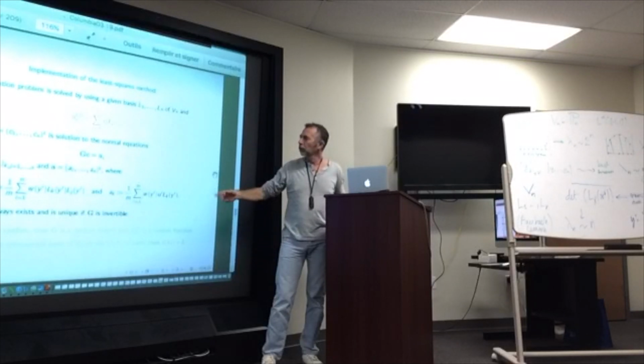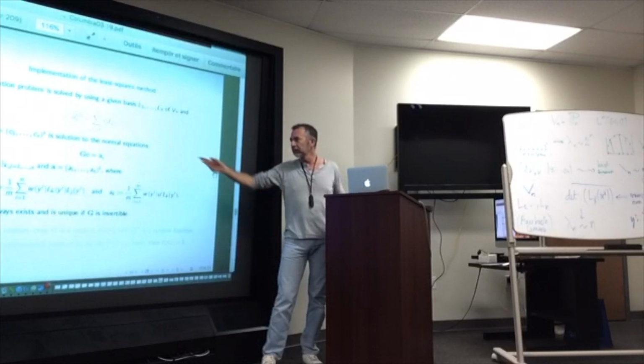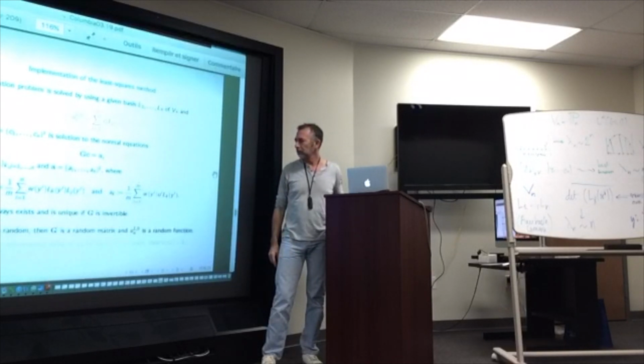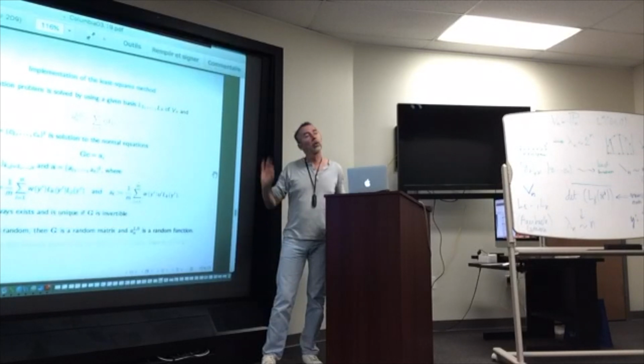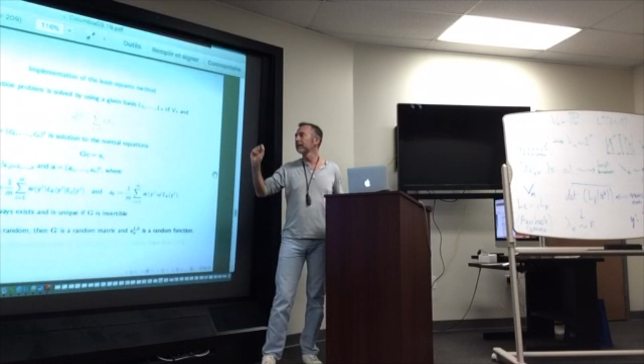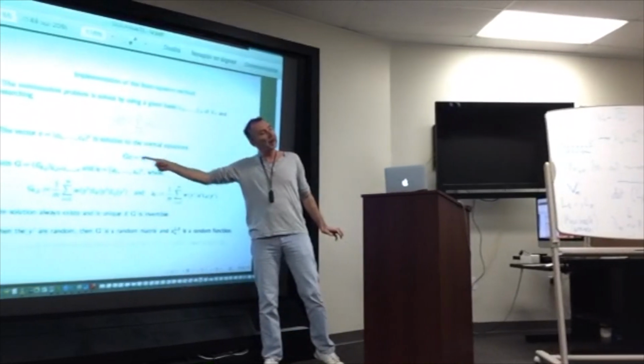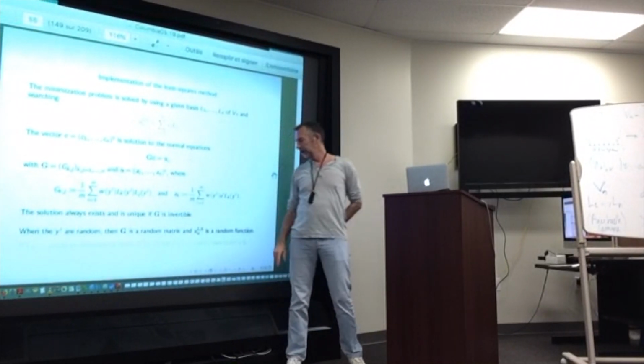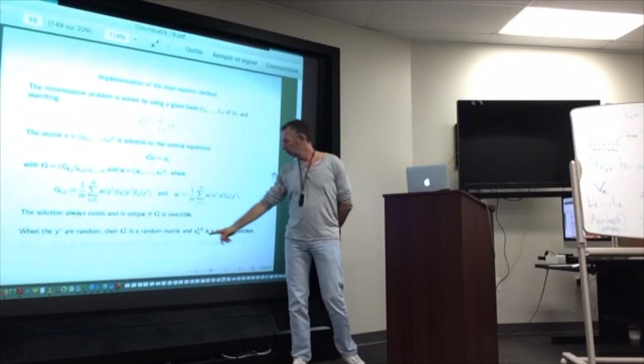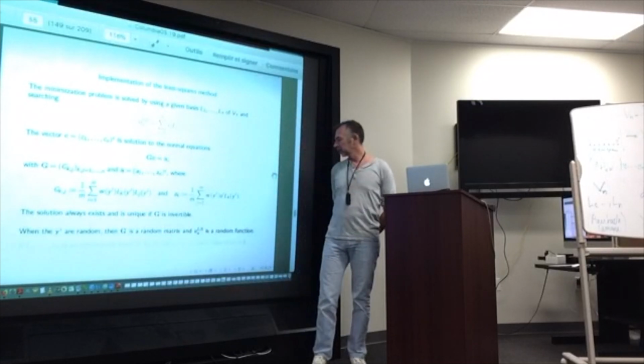Of course, the solution always exists. It could be non-unique. It's unique if this G is invertible. So again, remember that these y_i are going to be random, so G is going to be itself a random matrix. And u_n least square is a random function.